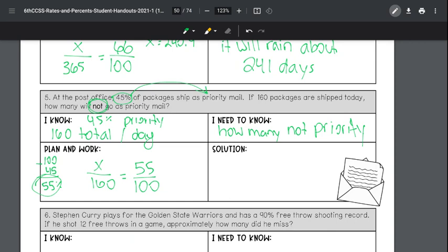We want to know how many of those 160 packages aren't priority mail, because 45% are. So we're using the other number, 55. 160 times 55 equals 8,800 divided by 100. That means X equals 88. 88 packages not priority mail.